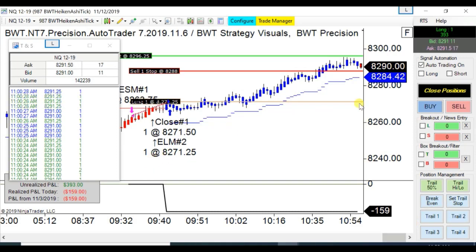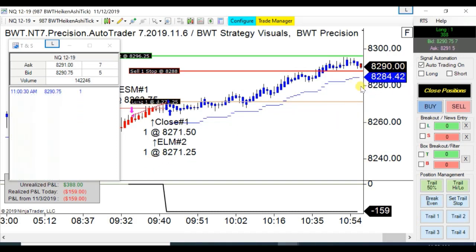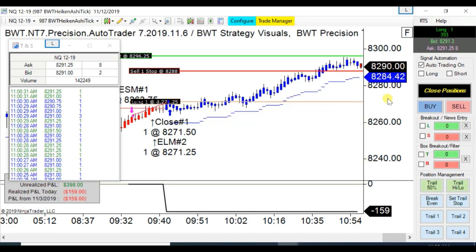By the way, if you're wondering why the price here moves so funny, it's because of the way the bar is formed. This is a Heiken Ashi bar, not a regular bar. And so the way it is formed sometimes makes the price on the chart look funny, like it's not moving, and then it moves a lot all at the same time.